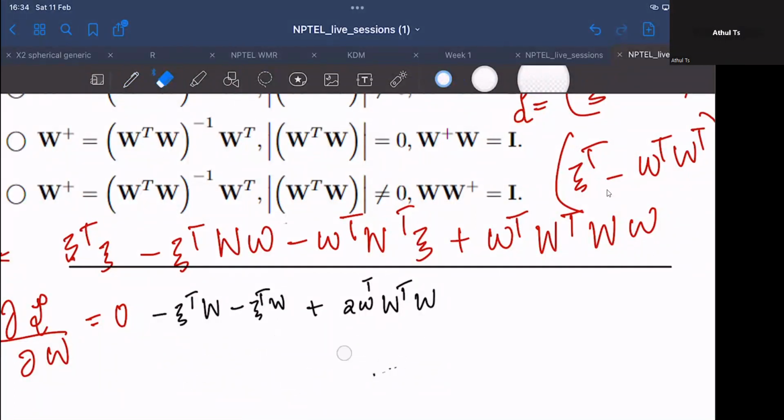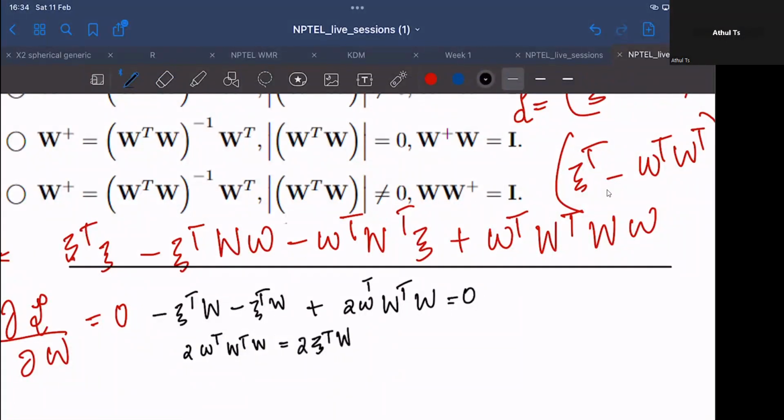So if you equate this entire term to 0, we'll get 2 omega transpose W transpose W equals 2 zeta transpose W, because these are basically the same. If we solve this out, if we take the transpose on both sides, what will we get?